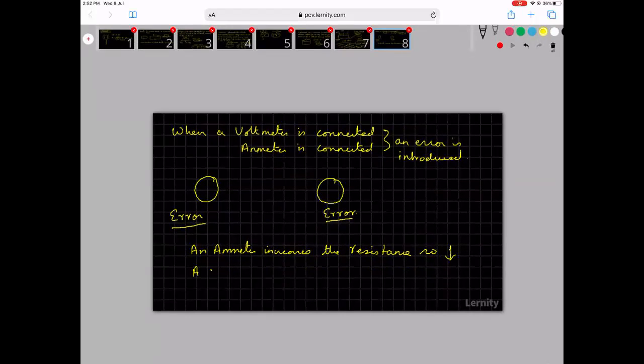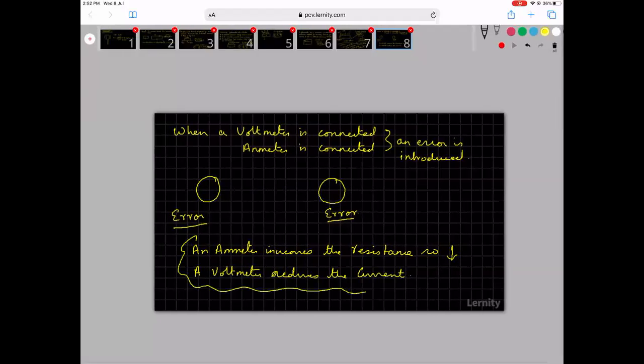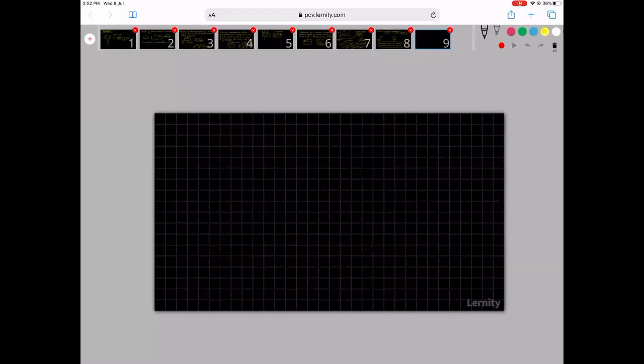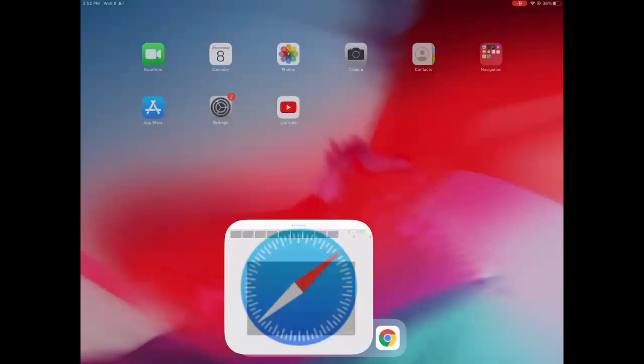Similarly, a voltmeter reduces the current. Now, because of this, some errors are introduced. So I am trying to make you sensitive to that error. So what is the error which is introduced?